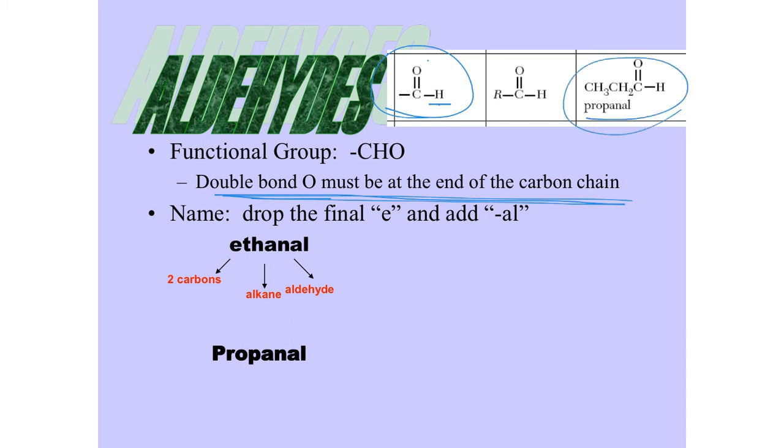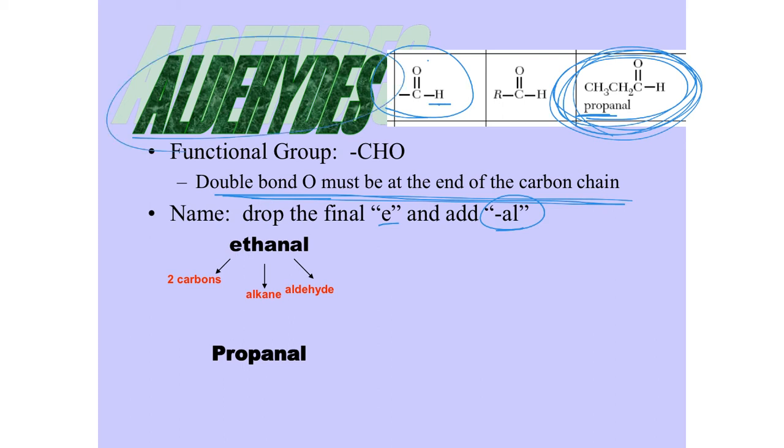In order to name it, again, follow your example on here. So this is propanal. You're going to name the carbon chain like you normally would, drop the final E, add -al for aldehyde.